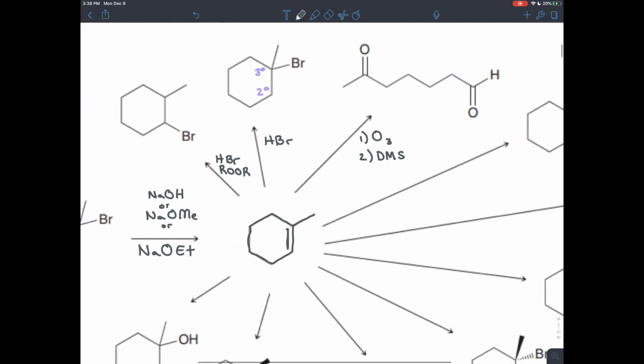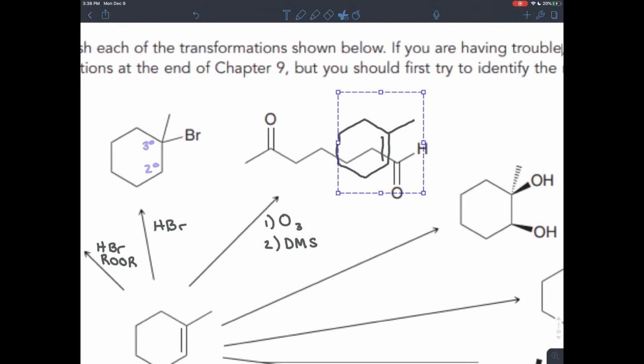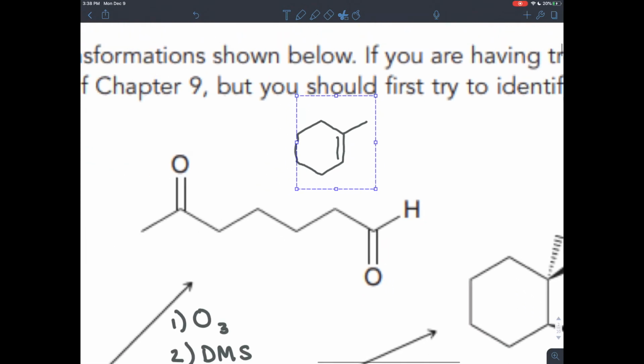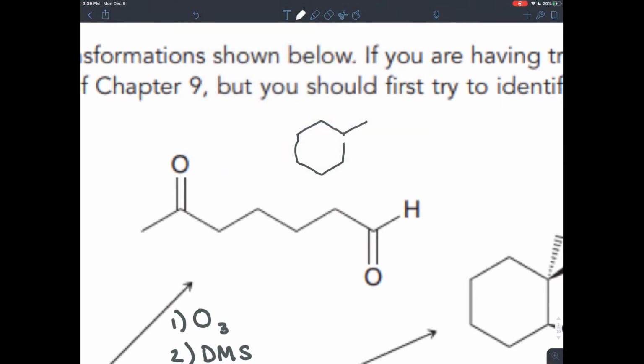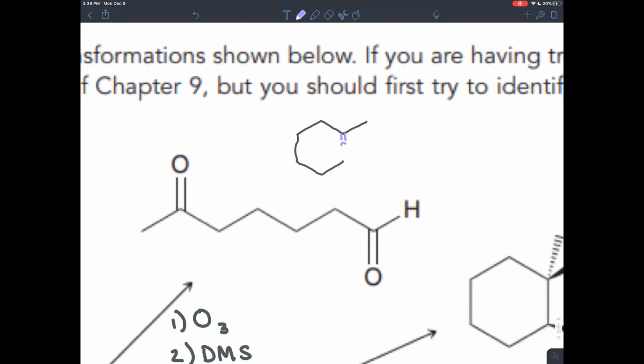So what that'll do is it will break the double bond between the carbons. And where that bond was, you break that double bond, and where it was, you would add carbonyls, double bonds to oxygen.